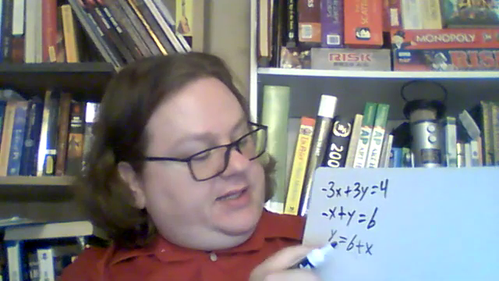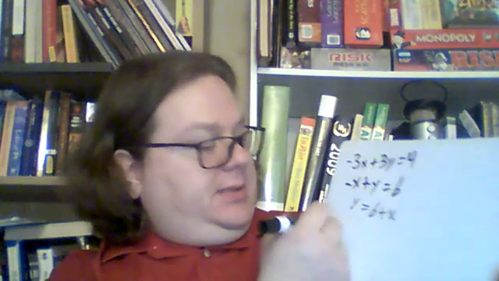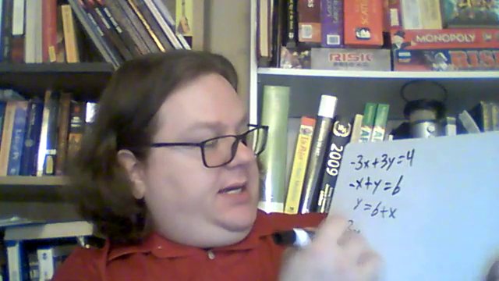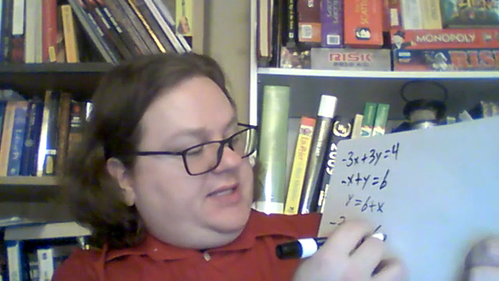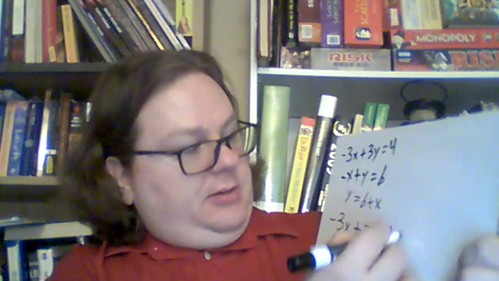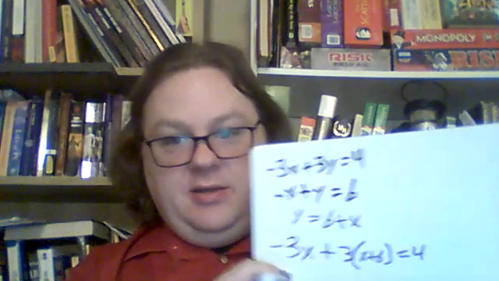Now I can take this phrase, 6 plus x, and substitute it in for y. So I'm going to do that. Negative 3x plus 3 times x plus 6 equals 4. You see how I did that?